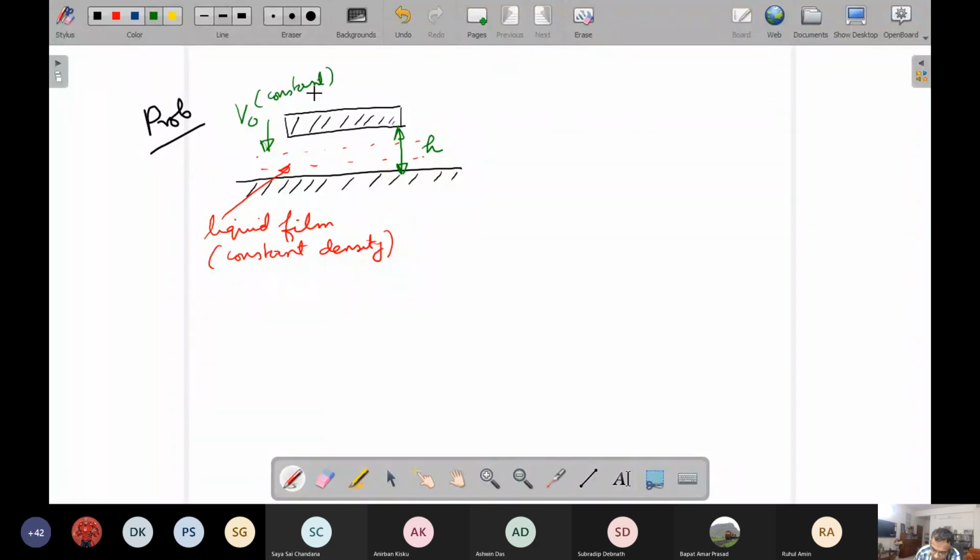So because of this, there is a squeezing effect, and h is also a function of time. At time equal to 0, h was equal to h0. This much is known.